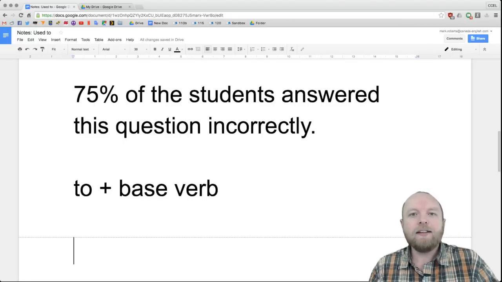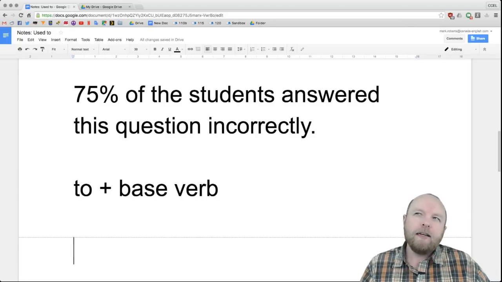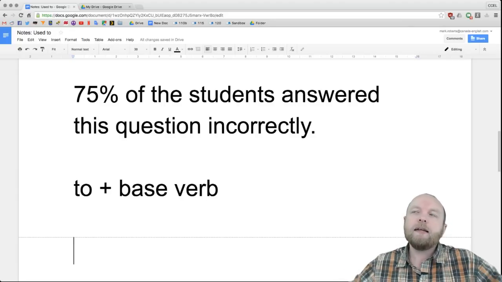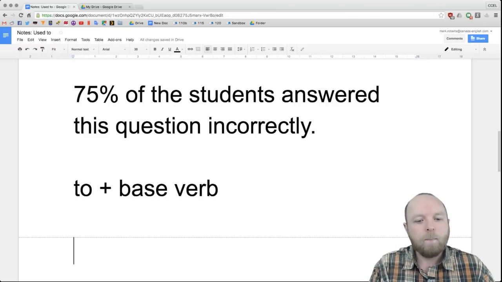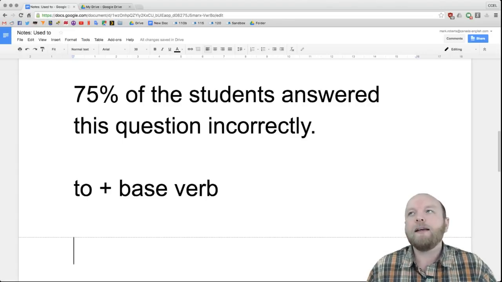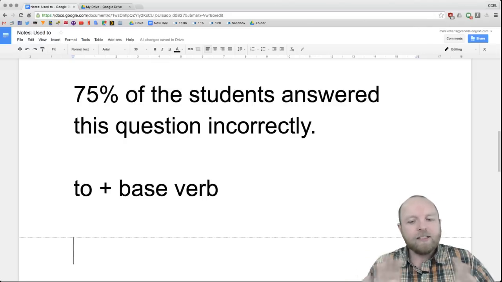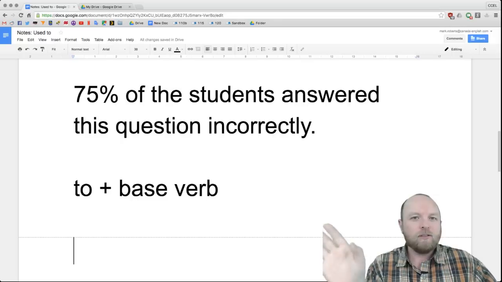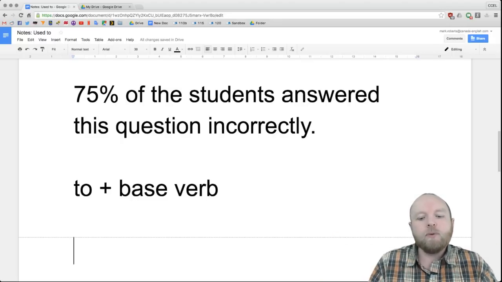So in the chat right now, please give me examples of when we say to and a base verb. Please start typing examples. When do we say to and a base verb? I don't need sentences. Don't write sentences, just when do we write them?